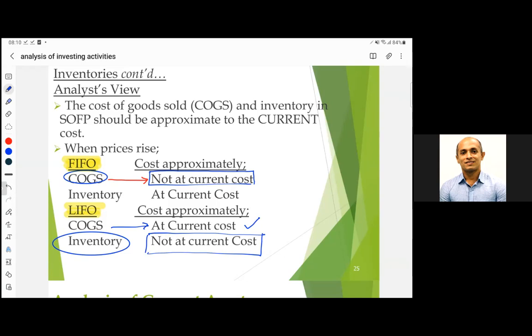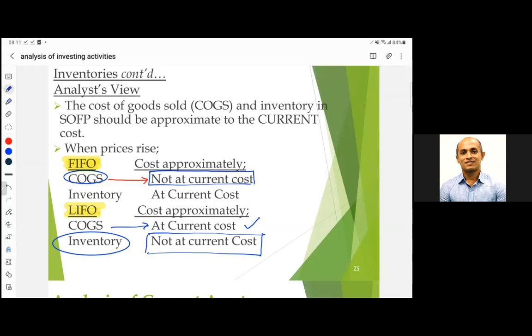Then we'll see what adjustments you'll have to make to overcome this issue. Once you adjusted your financial statements to overcome this issue, then your financial statement, inventory value, and cost of sales value are suitable for your analysis.